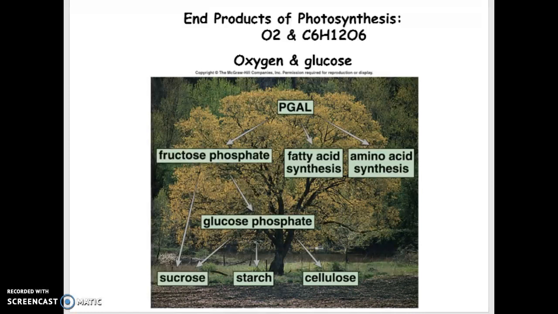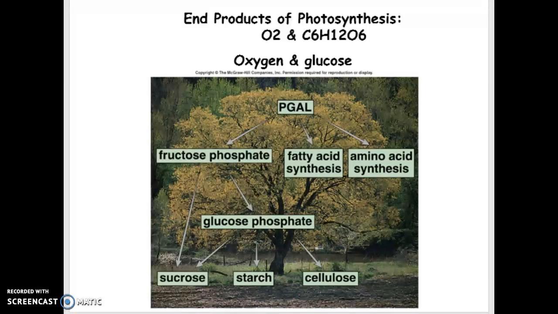Maybe it puts it into an apple or into the fruit of a banana or wherever the plant may store it. But those are the end products of photosynthesis that we want to keep in mind. So the vast majority of producers on Earth are running the 2-stage photosynthesis pathway. They're making oxygen and glucose and again using it for whatever is appropriate at that point of the life cycle.